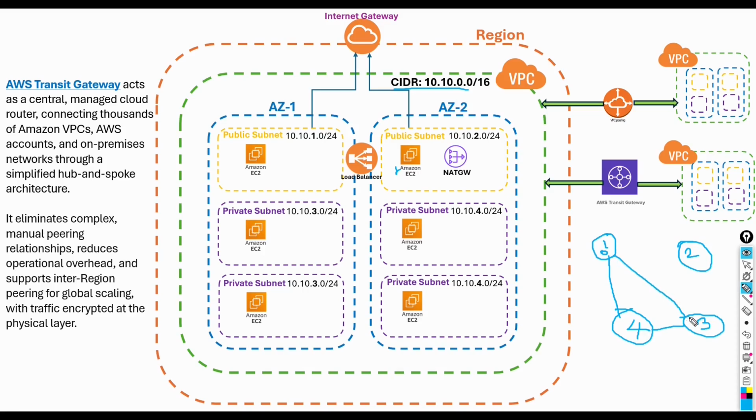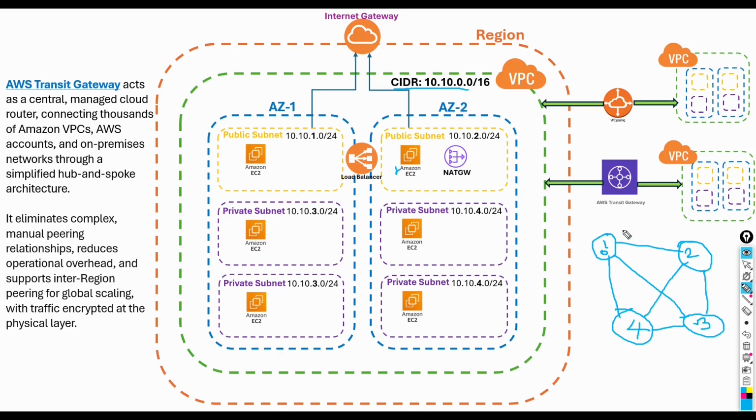So basically each VPC should be connected to each other. So it will be a mesh connectivity to provide the resource access. If I want to make the communication possible from each VPC to each other, then it should be a mesh connectivity, right? So in this case, if you see, the peerings are increased.